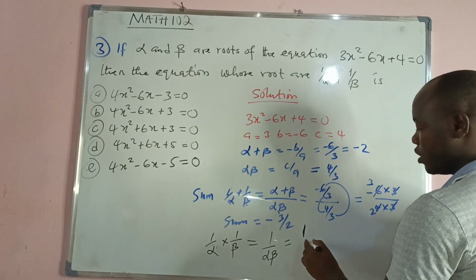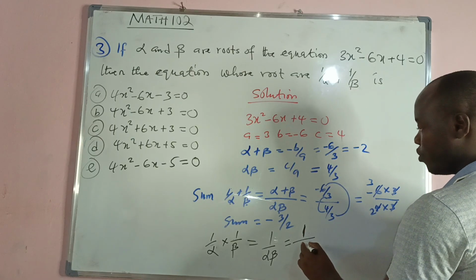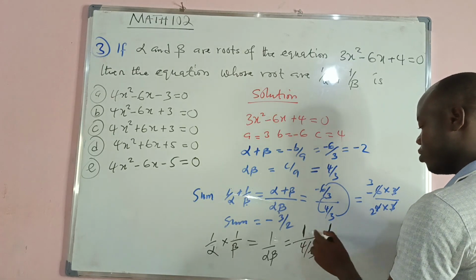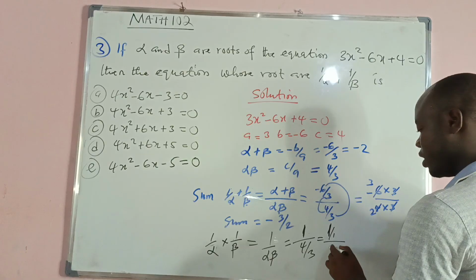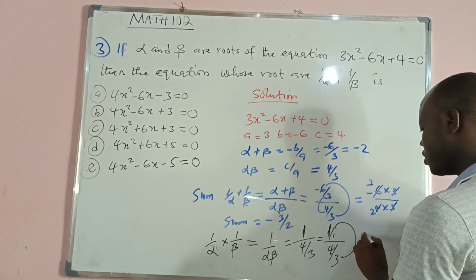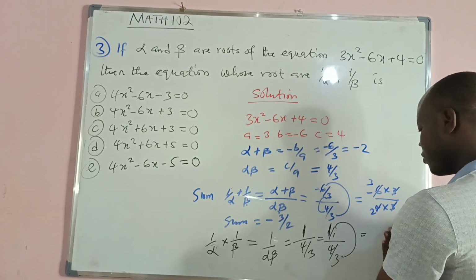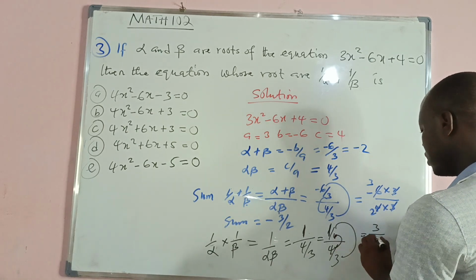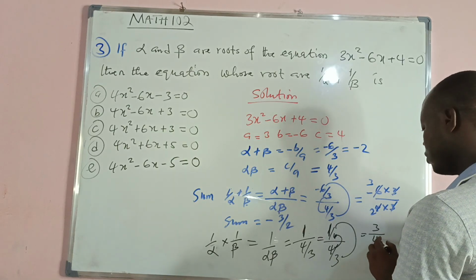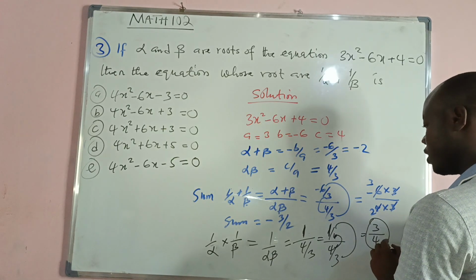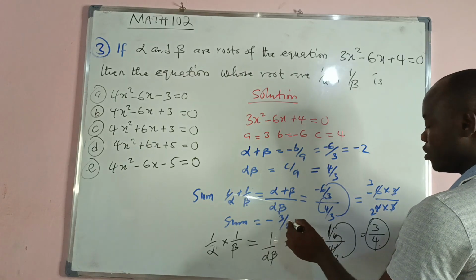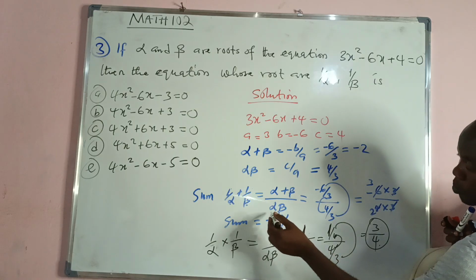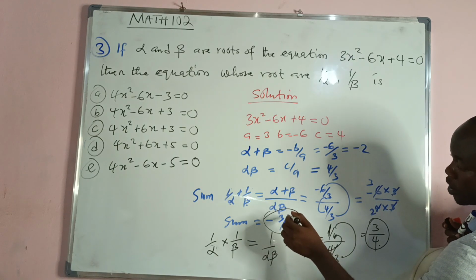So we have 1 divided by 4 all over 3, which is 3 over 4. So for the summation, we have minus 3 over 2, and for the product, we have 3 over 4.